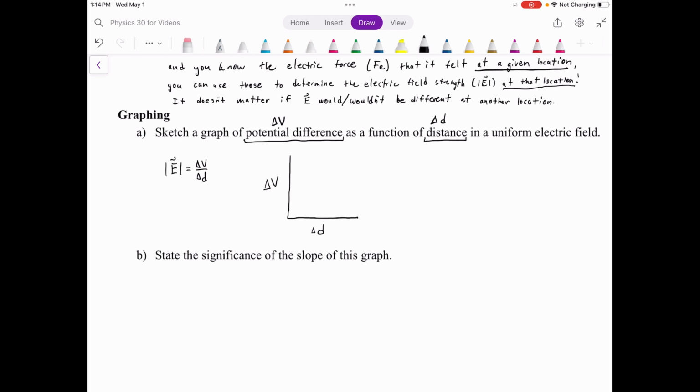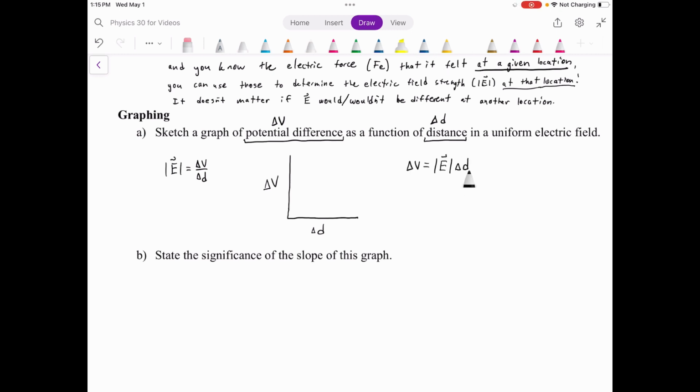And now, like always, let the equation tell you how this graph looks. It's often helpful to solve the equation for what's on the y-axis, because that way you can just say, okay, what happens to that variable as our x variable changes? So let's solve this for the voltage, multiply both sides by the distance.